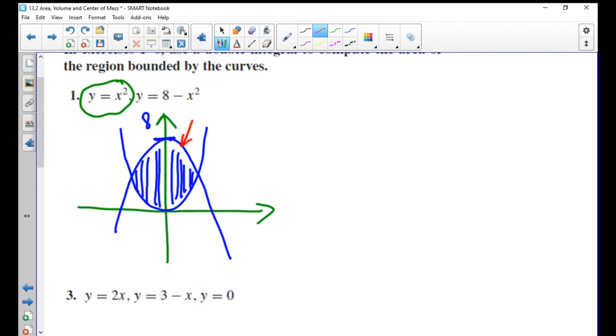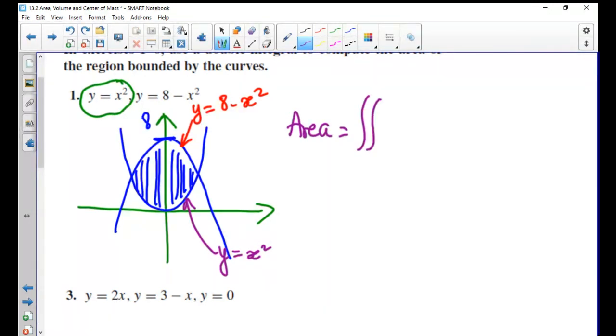So here, y equal 8 minus x squared. This is y equal x squared. The area is the double integral over the region R of dA. Yeah, this is what we just said a moment ago.